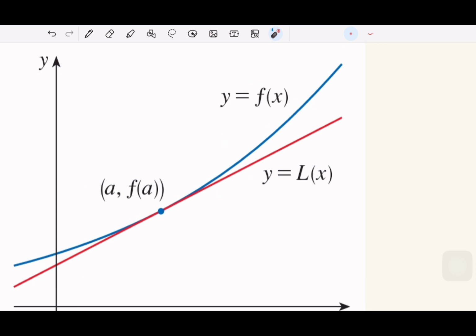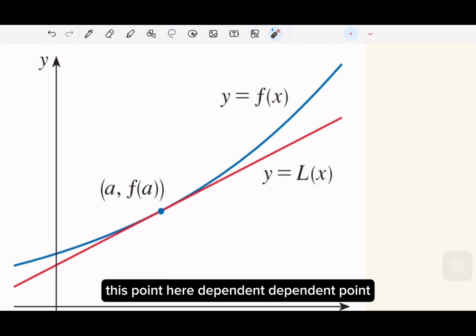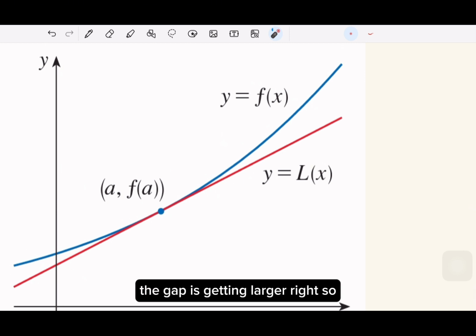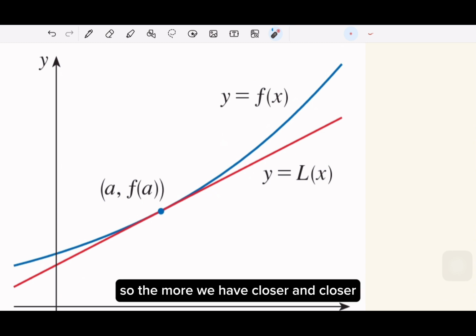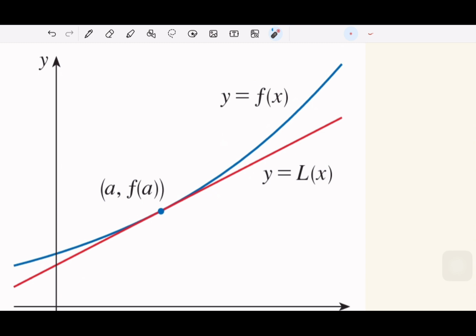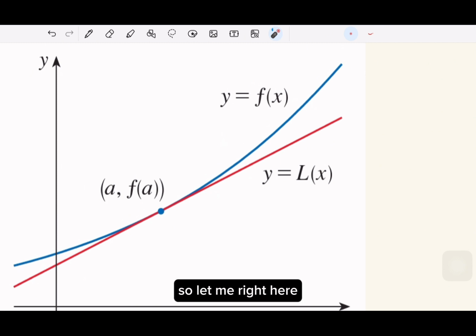And the farther away we are from this point, the tangent point, the gap is getting larger, right? So in terms of approximation, it's not accurate at all. So the closer and closer we are, the more accurate it will be.